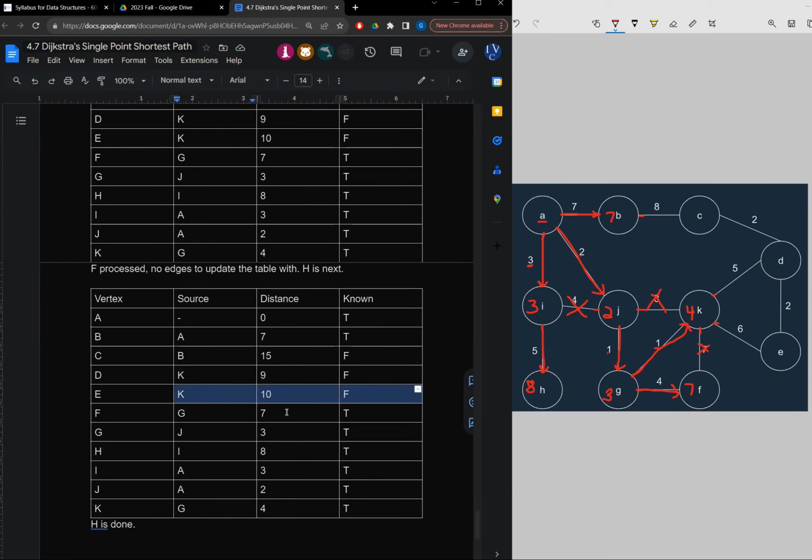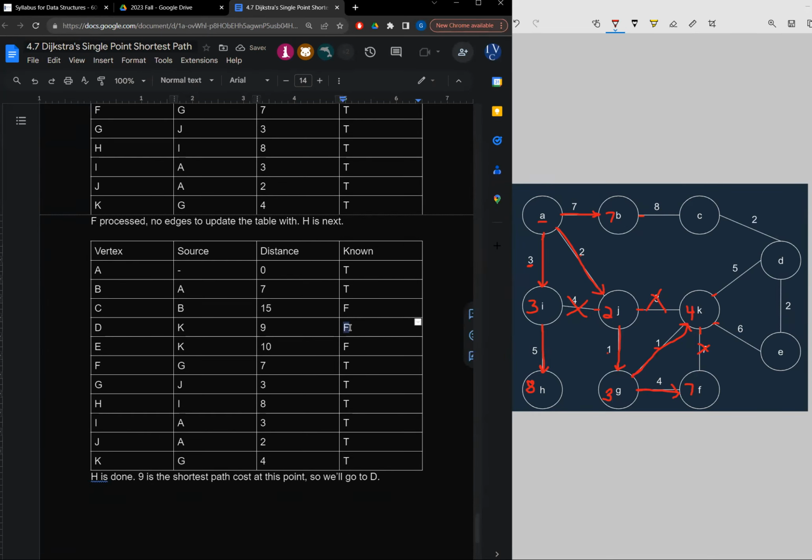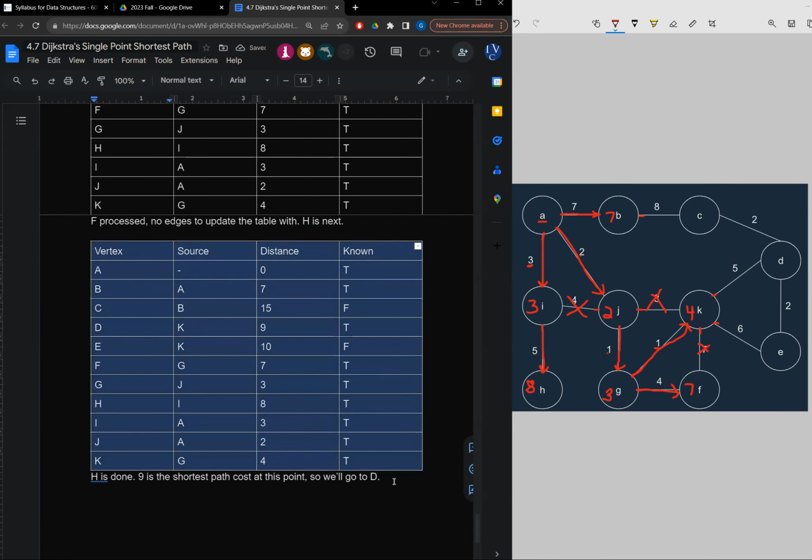All right, so 9 is the shortest path cost at this point. So we'll go to D.